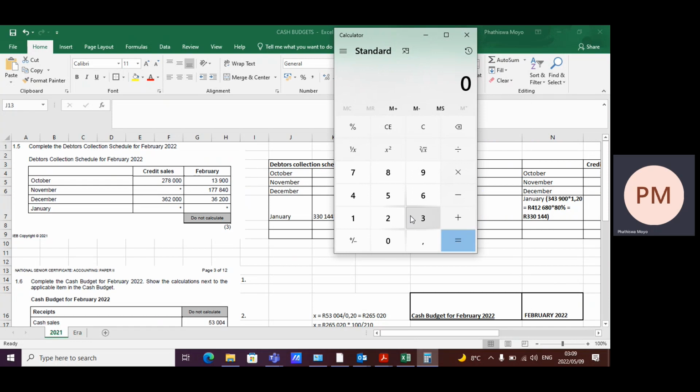Because I didn't have them before. 343,900 times the 20%, times the 80%, times 5 divided by 100.